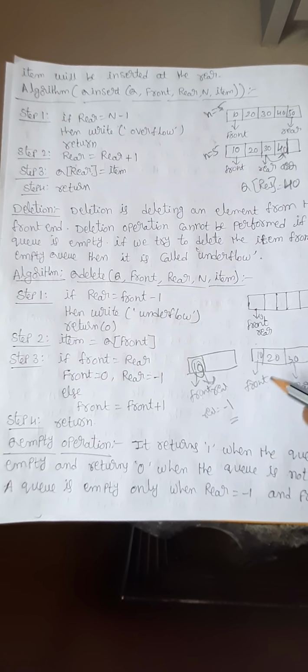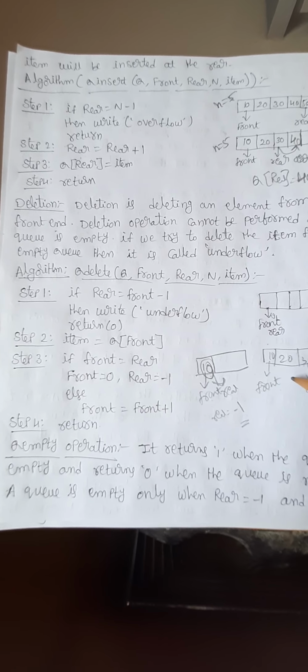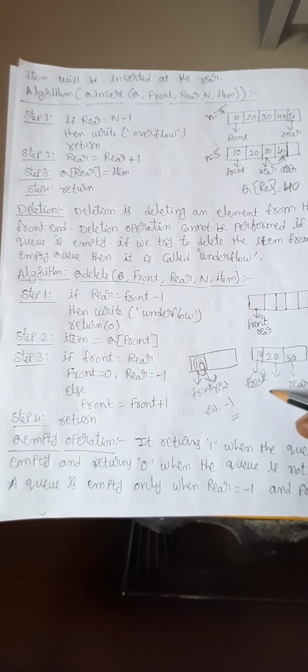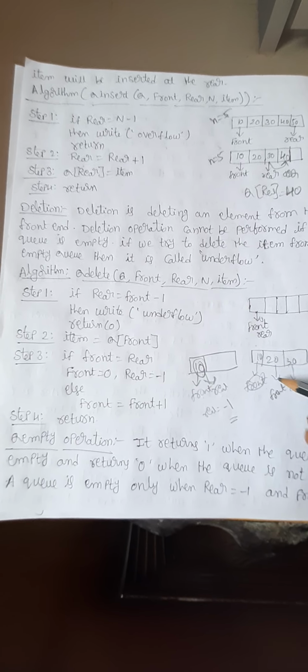Otherwise, if it contains more elements, the front value will be incremented by 1, so that the front moves to the next position. This is the deletion. And the q empty operation returns 1 when the queue is empty and returns 0 when the queue is not empty.